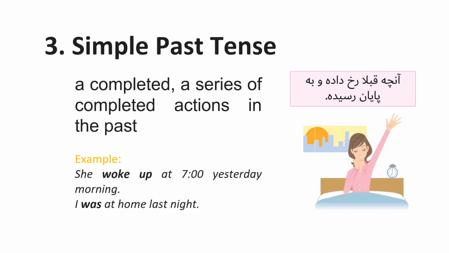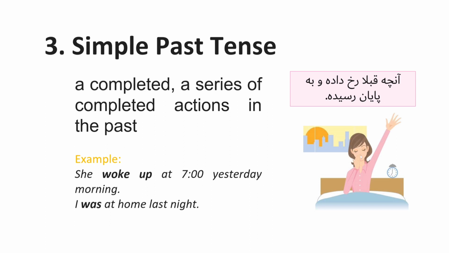The third tense for today, simple past tense. Simple past tense is about a completed or a series of completed actions in the past. So maybe just one action happened before in the past and finished, or maybe a series of actions completed.